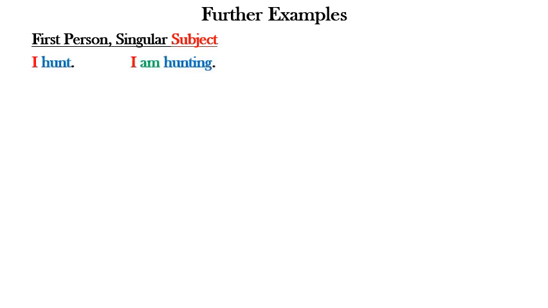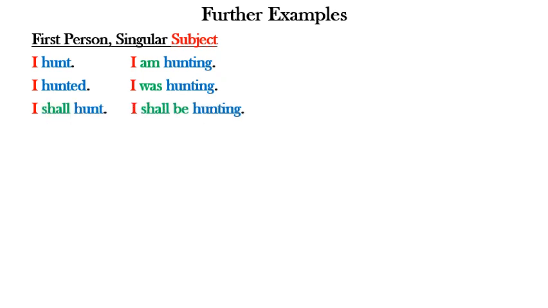Okay, some more examples here. Now we've got first person with a singular subject. Right, so it's I, first person singular, I hunt, or I am hunting. I hunted, or I was hunting. I shall hunt, I shall be hunting.